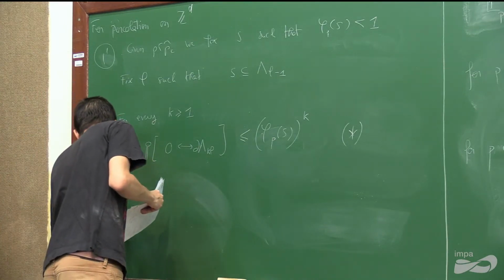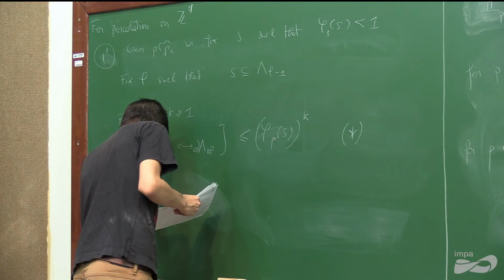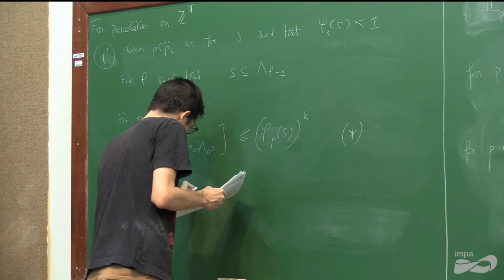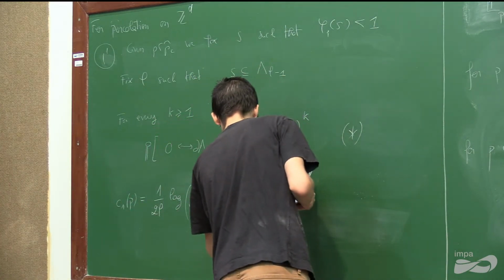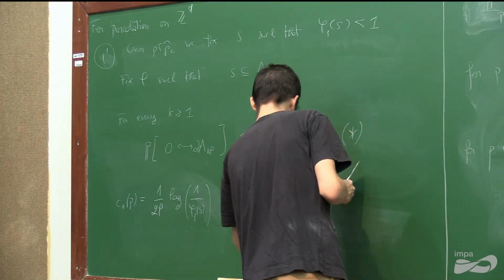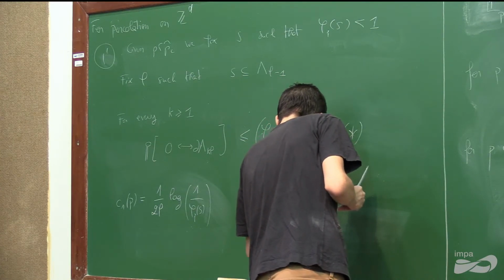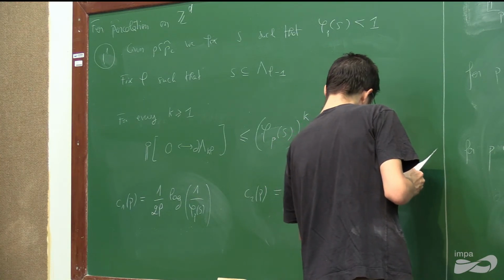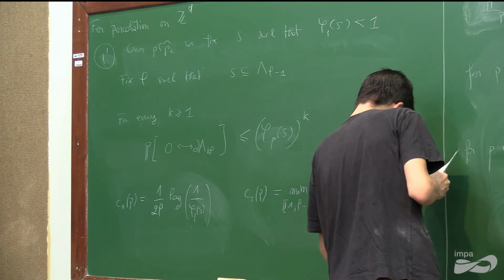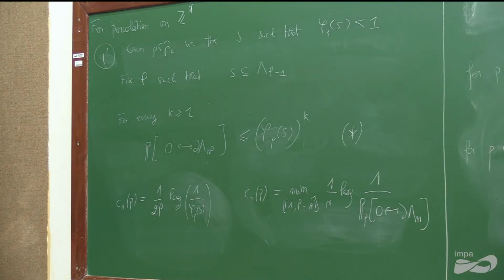Let me define C1 of p, which is 1 over 2L log 1 over phi_p(S), and C2 of p, which is the minimum over n smaller than L of 1 over n log 1 over the probability that 0 is connected to Lambda_n.